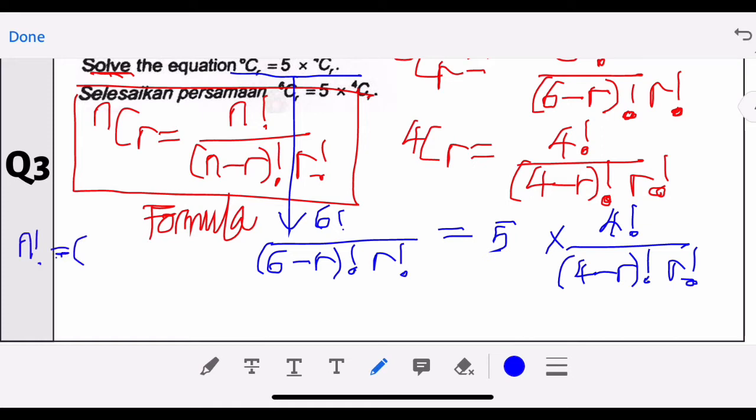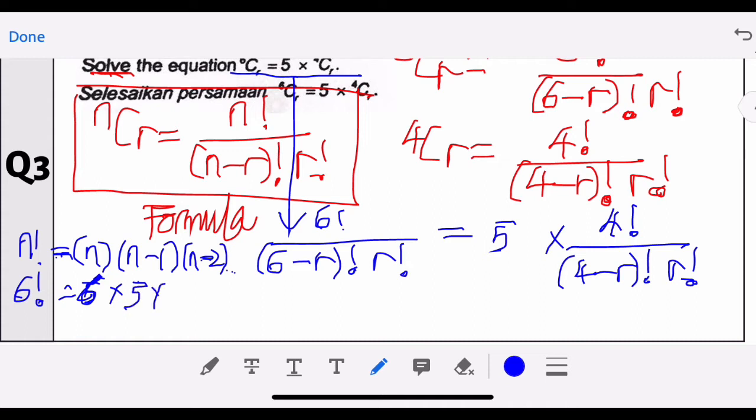Just to remind you, n factorial means n times n minus 1, and then n minus 2, and you can put a factorial there if you want. If not, you can continue n minus 3, n minus 4, and so on until 1. For example, 6 factorial you can write as 6 times 5 times 4 factorial.